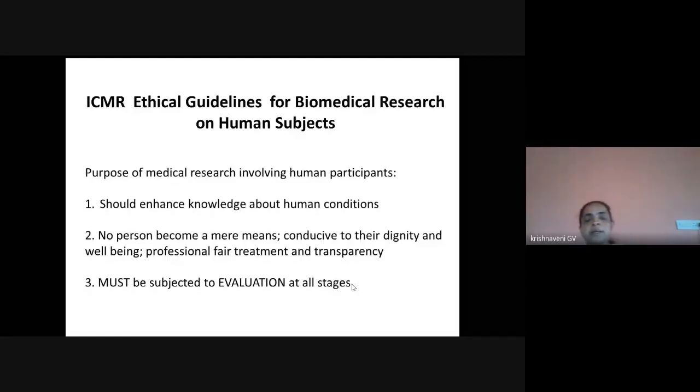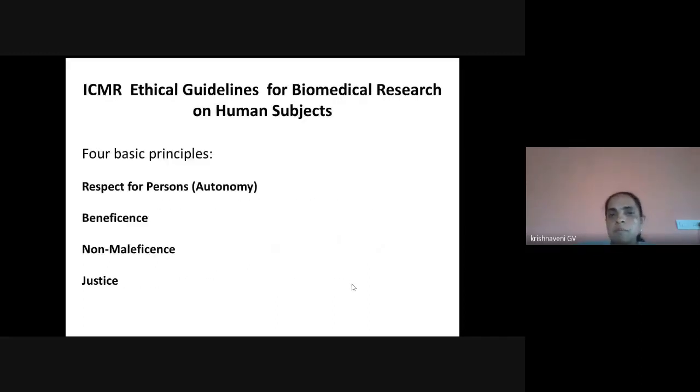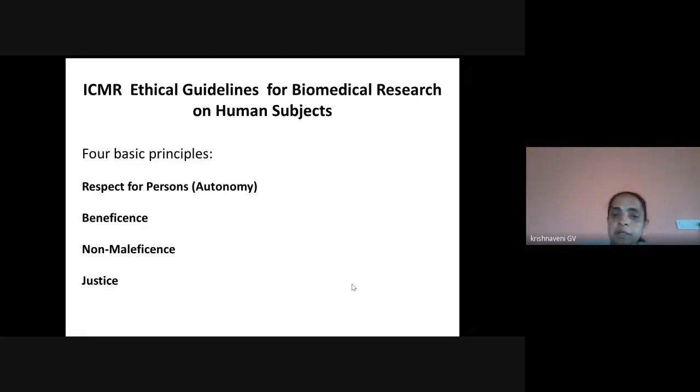I'll talk in detail about the ICMR ethical guidelines because that is what is most applicable to research in India. The ICMR guidelines have 4 basic principles. The first is respect for persons, or autonomy, where the persons have the right to choose their willingness to participate in the research.